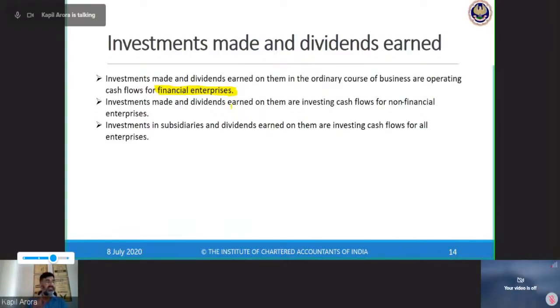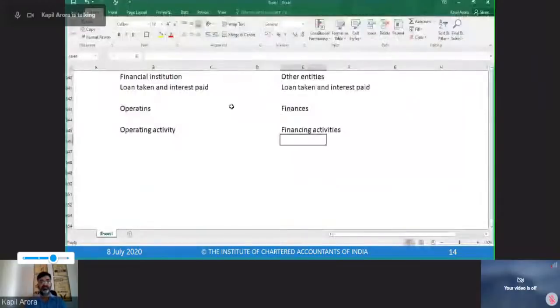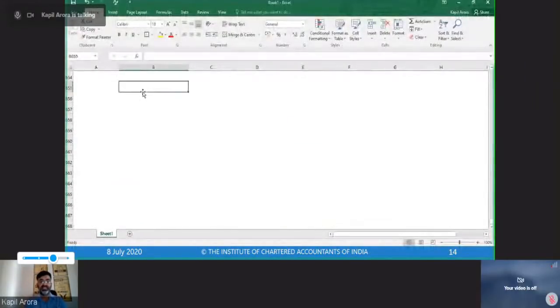So Ayushi, as I mentioned, let's say a share trading company, let's assume Motilal Oswal.